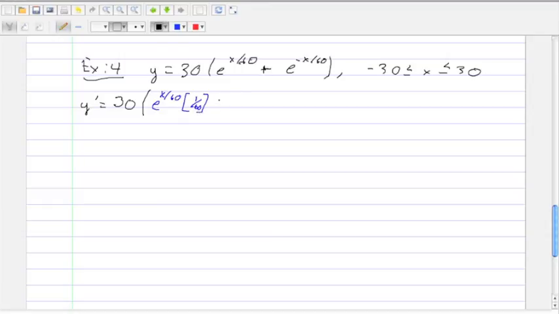And then plus, the second part, its derivative is just going to be itself, which is e to the minus x over 60, times the derivative of the exponent, which is going to be minus 1 over 60.